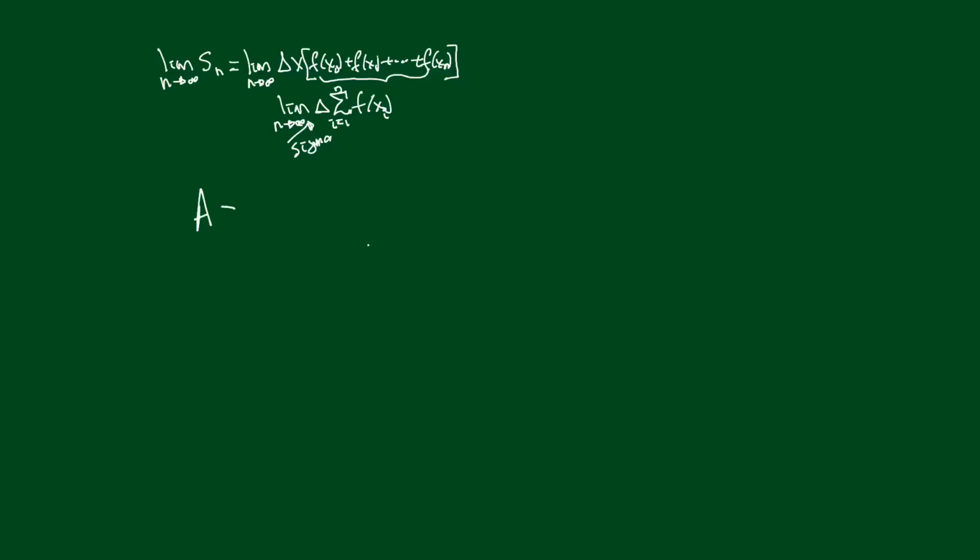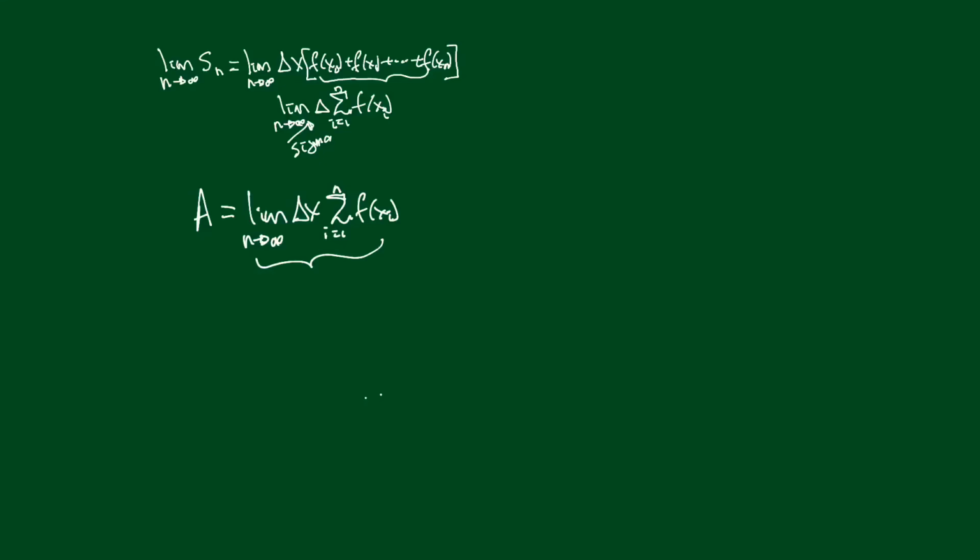So I'm going to say that the exact area is the limit as n goes to infinity of delta x times the sigma as i equals 1 to n of f of x sub i.